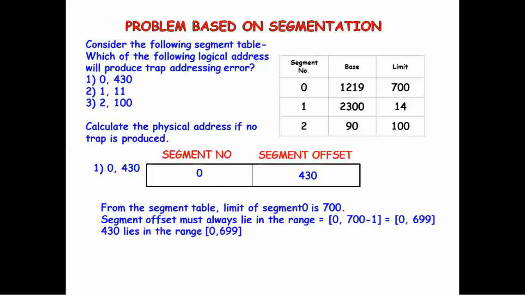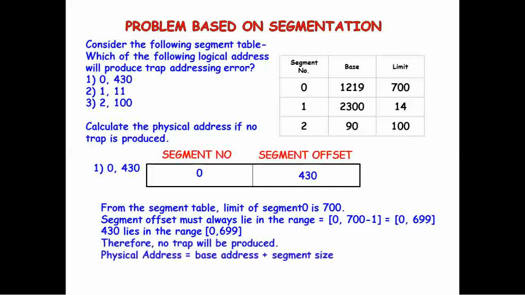Hence the segment size must always lie in the range 0 to 699. In the given problem, the segment offset is given as 430. Obviously 430 lies in the range 0 to 699. Hence, a trap will not be produced. Instead, we can find the physical address. So this is how the physical address is calculated. Base address and segment size are added.